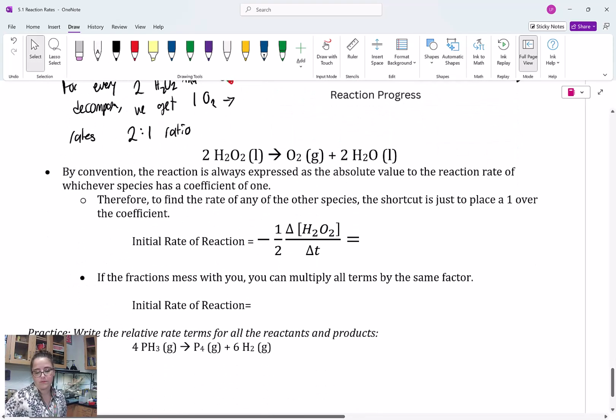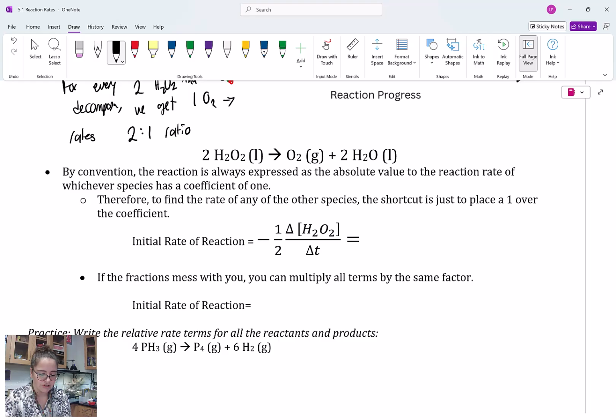Now, one of the ways that we'll write this relative to each other is use a shortcut, which is just to place 1 over whatever that coefficient is. So the rate of H2O2 is 1/2 the change in the concentration of H2O2 over time, negative, because it is disappearing or reacting. Okay, oxygen is going to appear at half that rate.